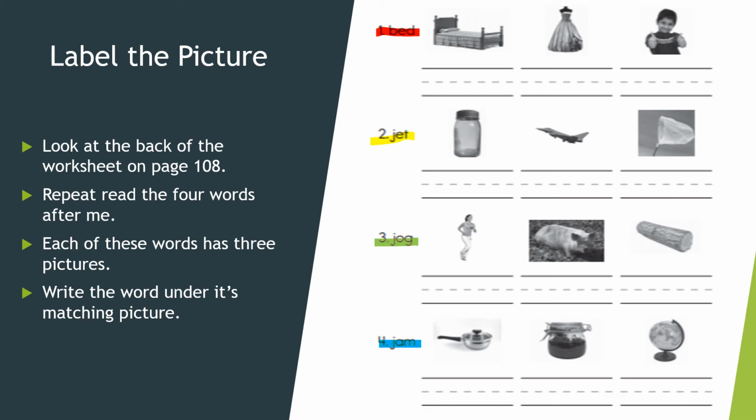So you will write B-E-D. That's not very neat. Let's fix that D so it looks like the letter D. That's better. B-E-D spells bed. Now complete the rest of these on your own.